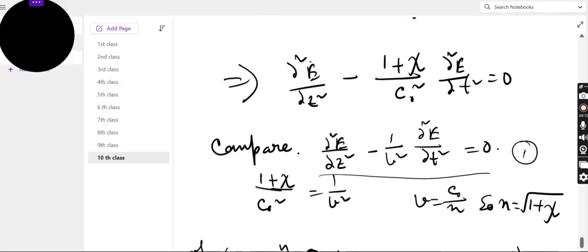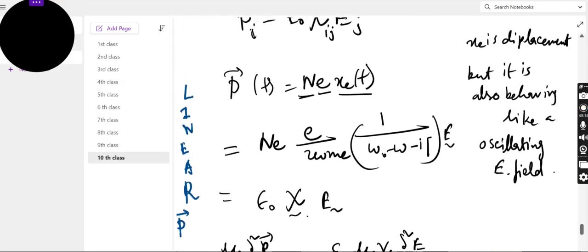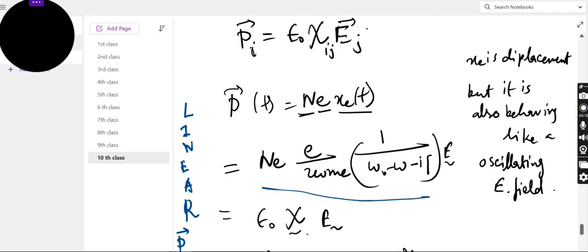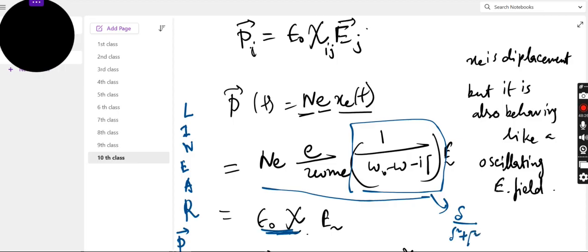So if you remember, this is epsilon chi, and this part we can write as delta by delta square plus tau square, plus i tau by delta square plus tau square.